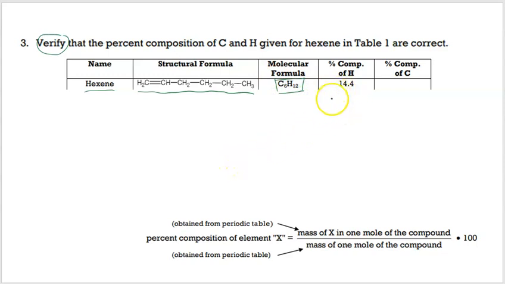It gives us the value 14.4% hydrogen, which, by the way, we can immediately infer because there's only two elements in that compound, carbon and hydrogen.